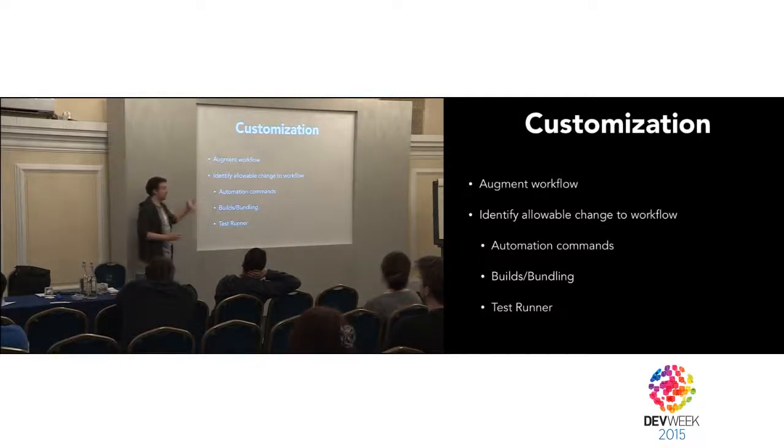So at the minute, Caplin uses JavaScript, but in the future they might want to move to TypeScript. There is a specific JavaScript bundler, but they might be able to swap that out and say, right, I'm going to use a TypeScript bundler now, or an AtScript, or a Dart bundler. So you need to be able to change these things: automated commands, builds, bundling, test runners, and so on.